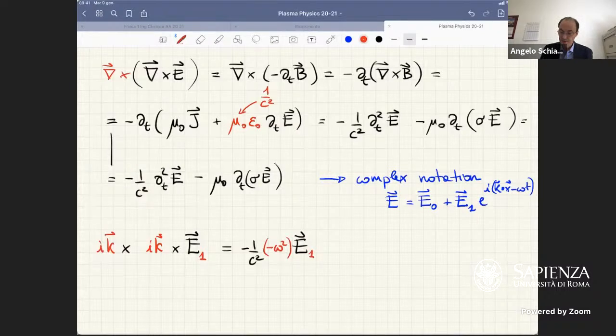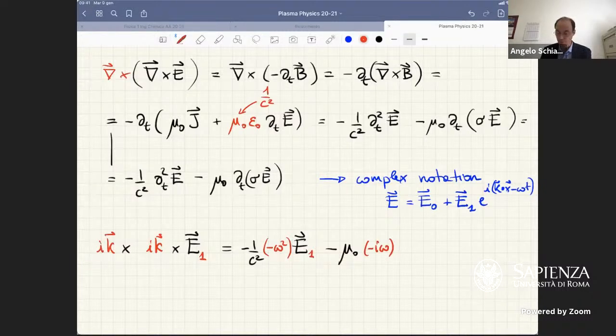And the last term is minus mu naught, and the derivative with respect to time just means multiply only once by minus i omega.